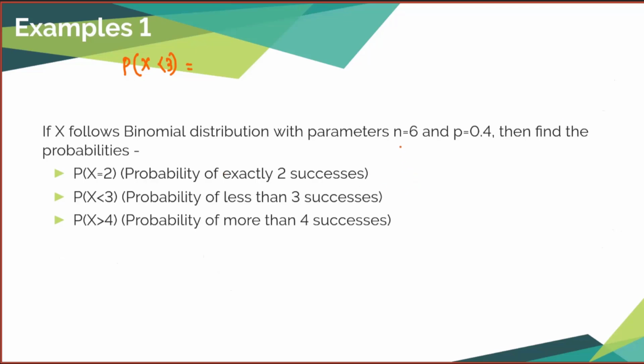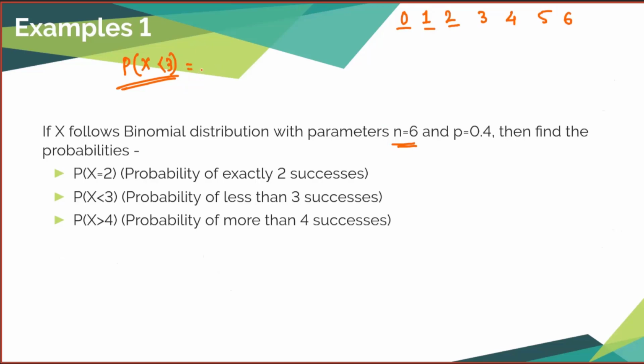In this case the experiment was repeated 6 times, right? So what are the possible successes? You can get 0 success, 1 success, 2 success, 3, 4, 5, and the maximum number of success is 6. So we are to find out probability of x less than 3. So what are the possibilities? Less than 3 means 0, 1 and 2.